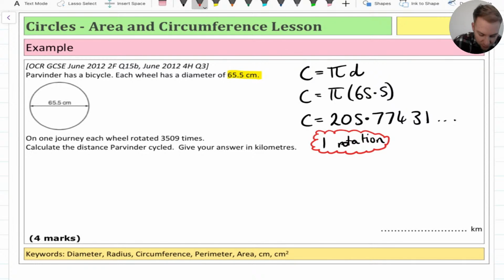So if I wanted to do 3,509 rotations, I need to times this.